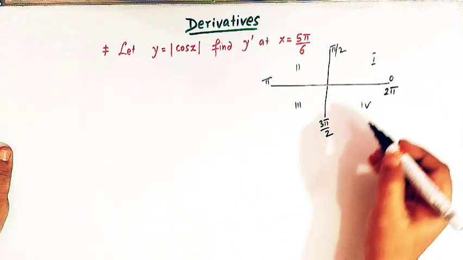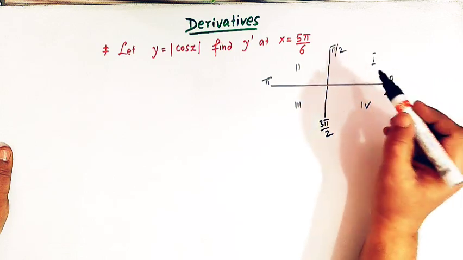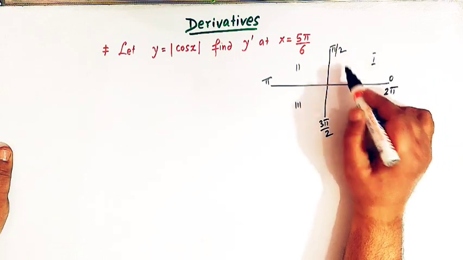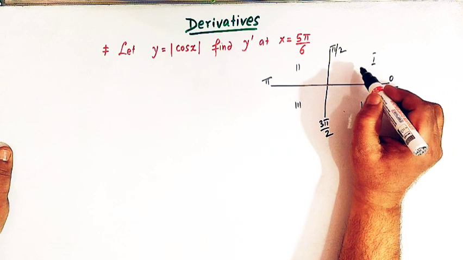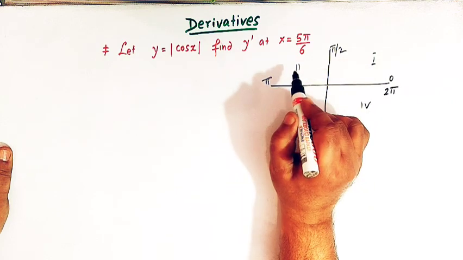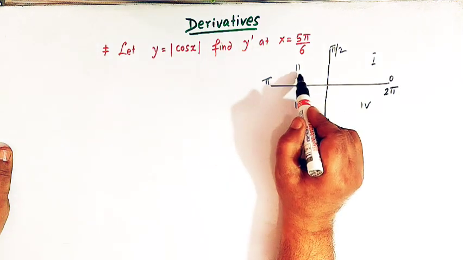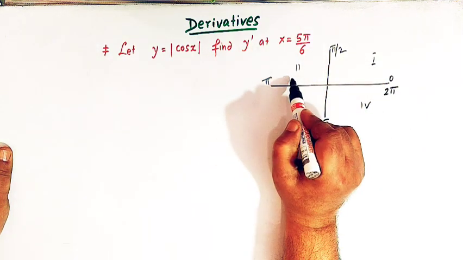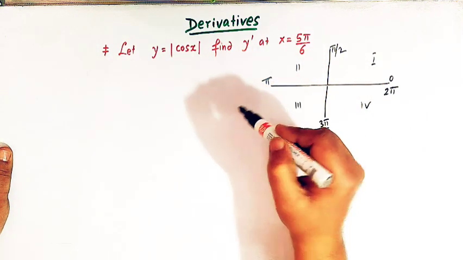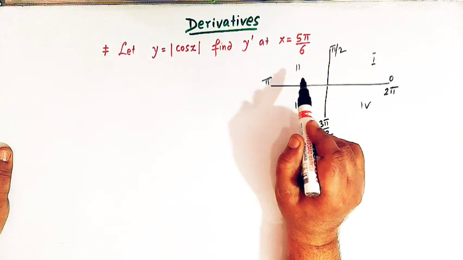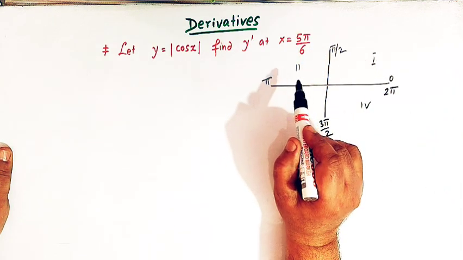Now we know that in the first quadrant all the six trigonometric functions are positive. And in the second quadrant the cosine function and the secant function are negative, and the other four trigonometric functions are positive.